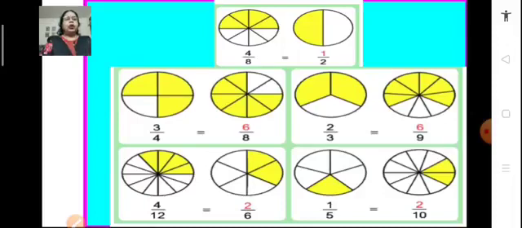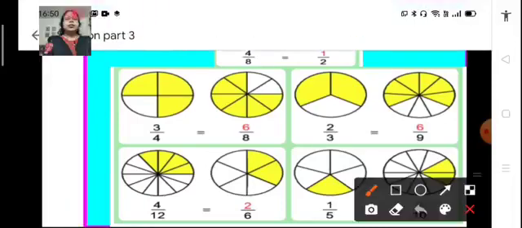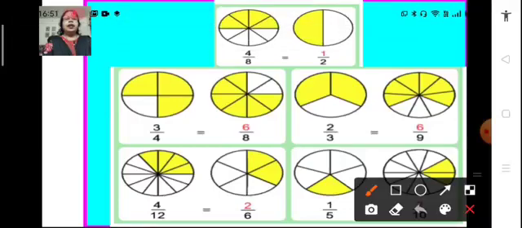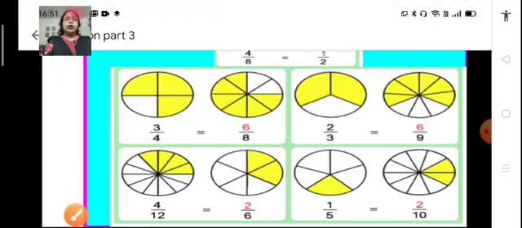Similarly, 3 upon 4 and 6 upon 8 represent the same part of the whole. So they are equivalent fractions. Similarly, 2 upon 3 is equivalent to 6 upon 9. 4 upon 12 is equivalent to 2 upon 6 and 1 upon 5 is equivalent to 2 upon 10.